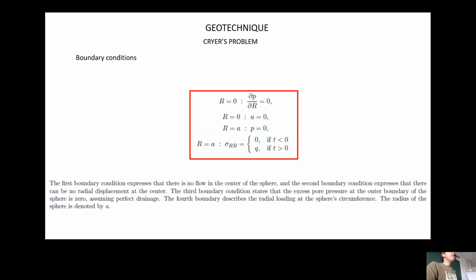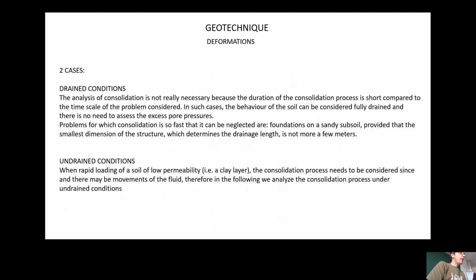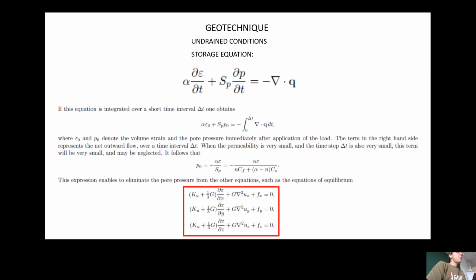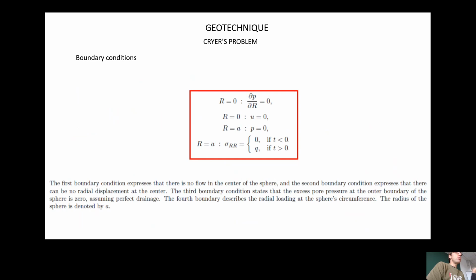The fourth boundary condition describes the radial loading at the sphere circumference, and the radius of the sphere is denoted as a. So we have four equations, and we need four boundary conditions to have our mathematical system fully determined.